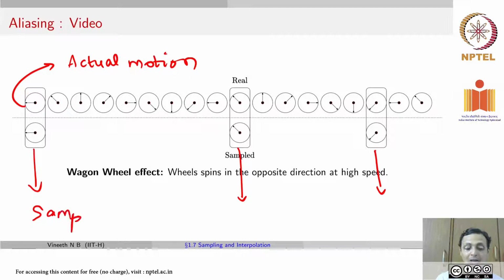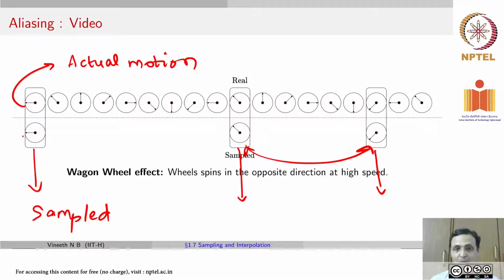So if you looked at only the sampled positions, you see that the arrow is first here, then it's here, then it's here, okay, so on and so forth. So probably, in fact, the second and third one could give you the reason why this effect happens.